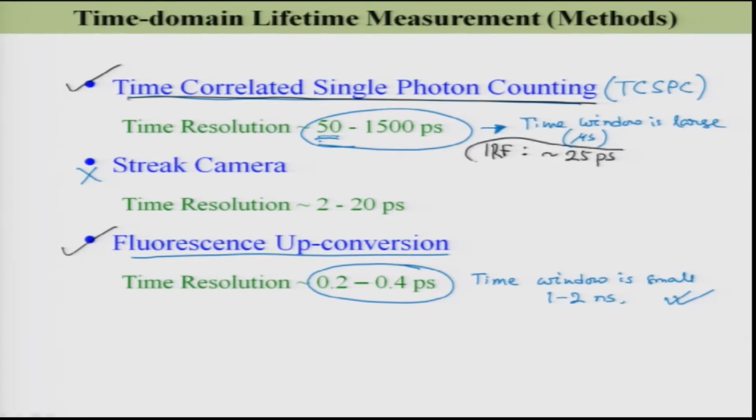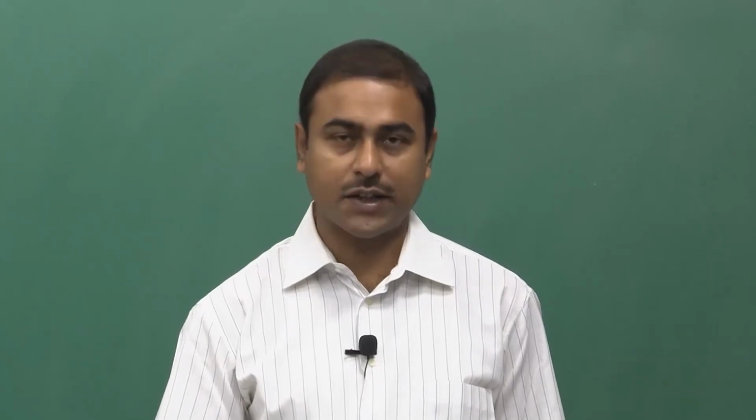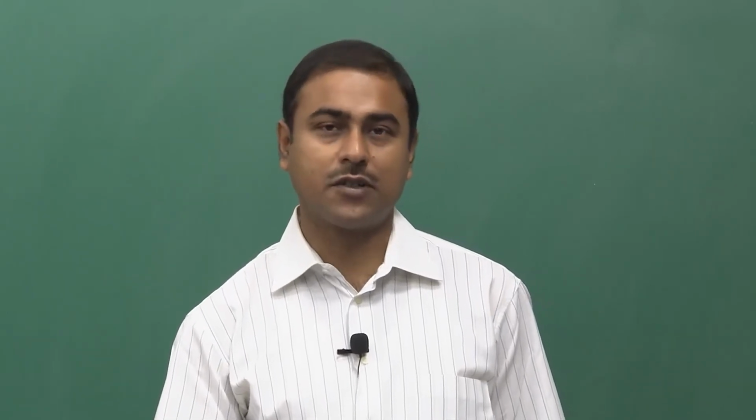It means that if you want to measure the dynamics of any process involving fluorescence, you cannot measure a dynamics which is less than 25 picosecond. But actually, because of this iterative reconvolution technique, one can report a time constant of theoretically 1/10 of this IRF. So, even that could be only 2.5 picosecond or 3 picosecond.